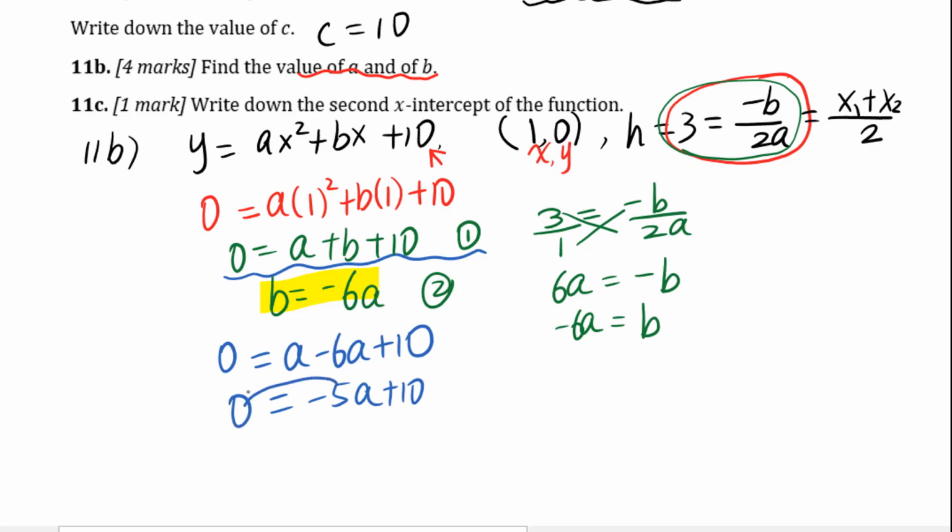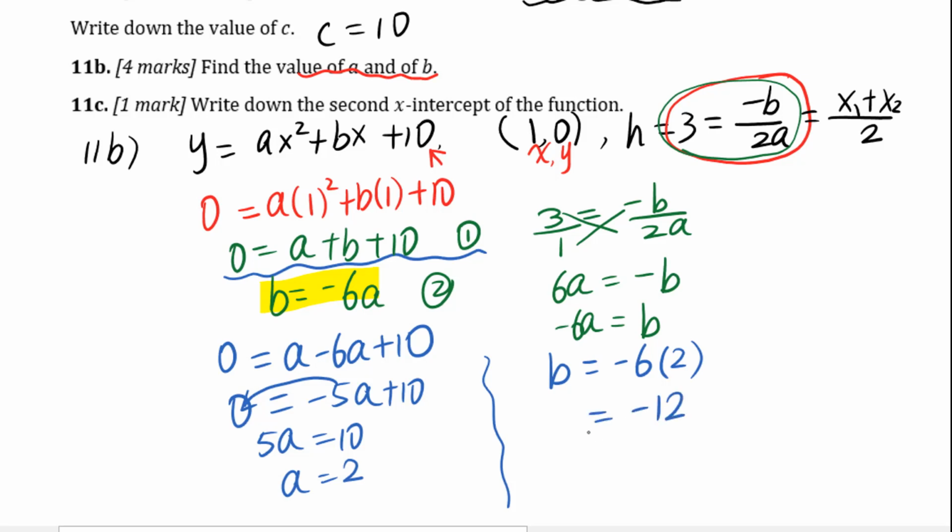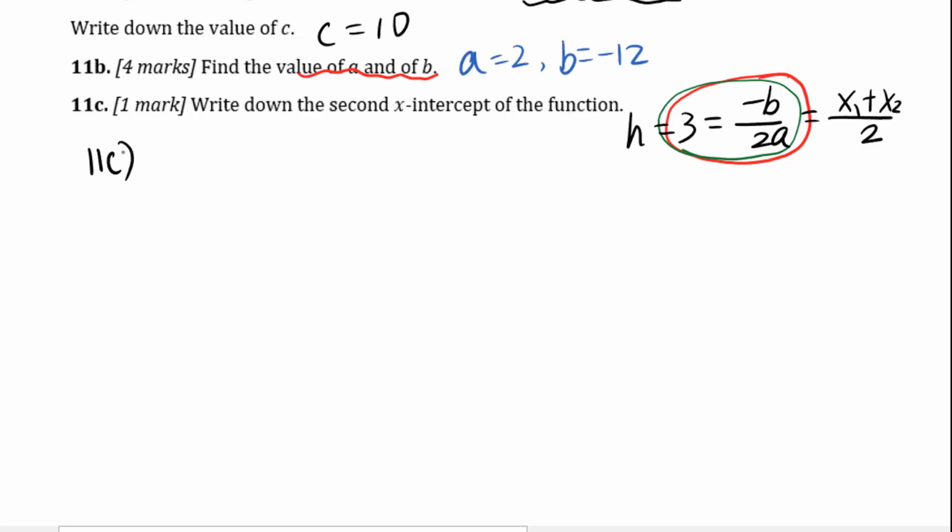Isolate the 5a on the left side. You will have 5a equals 10. So a equals 2. Then we plug in b equals negative 6. A here is 2. B equals negative 12. So we finish solving. A equals 2. B equals negative 12.